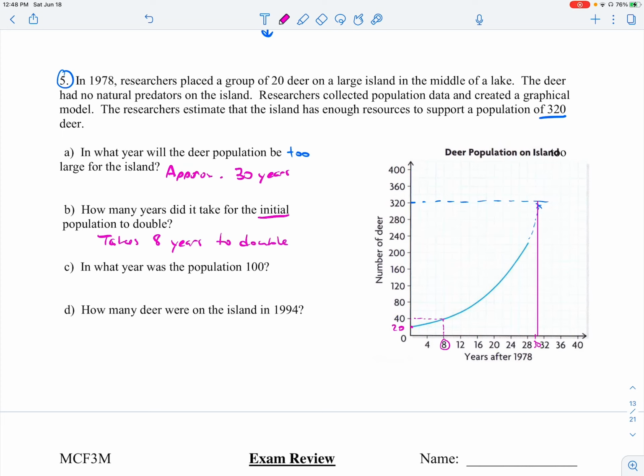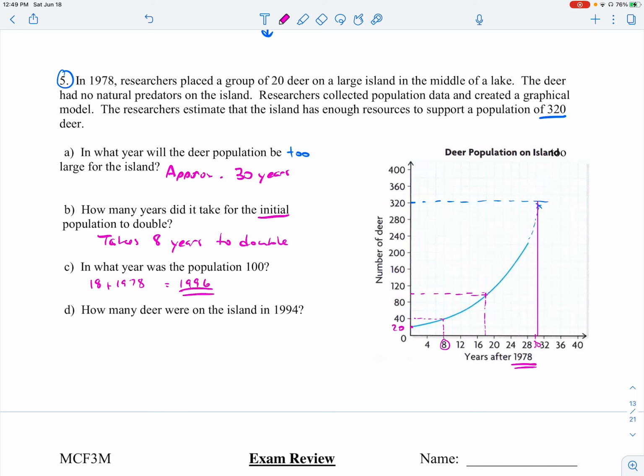In what year was the population 100? So 100 is right here. And that's going to be about right there. So 18 years after 1978. So 1996.